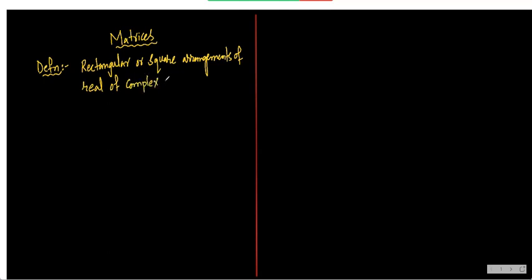Real or complex numbers is called a matrix.